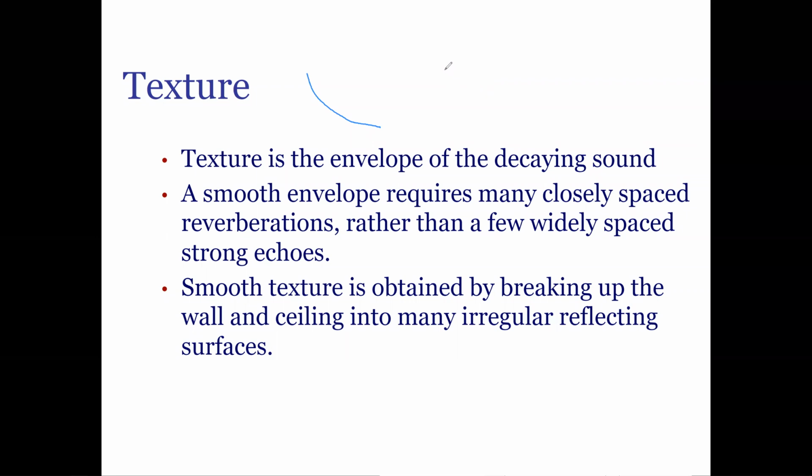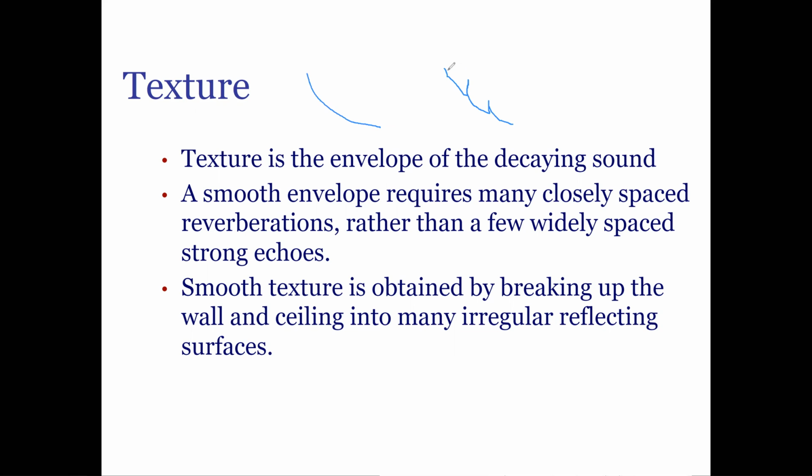If you have distinct echoes, what you would end up seeing is something where you'd have some decay and then it spikes up and then you start to decay again and it spikes up and you start to decay again, where each of these is a very distinct echo that's coming in. And so what we want to do when we design a space is we want it to do this. We want it to go from high to low really nicely.